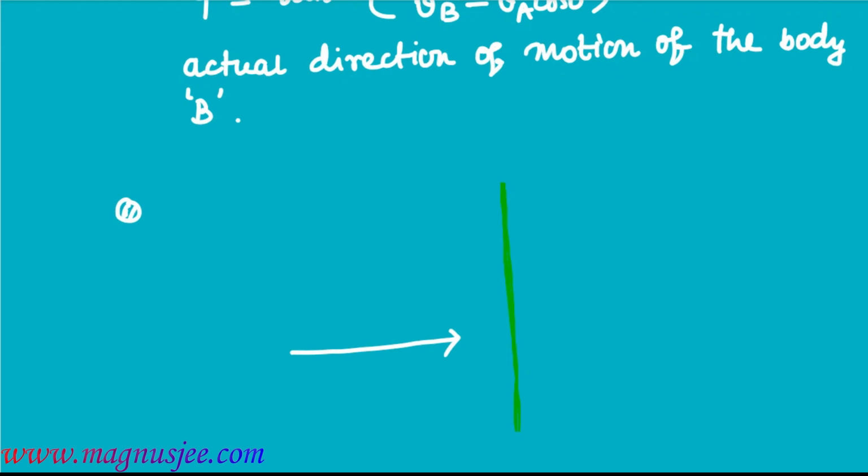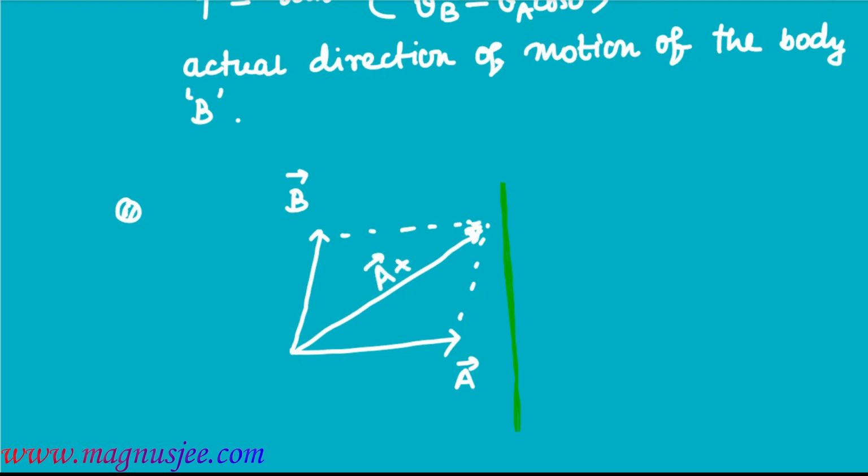Now we can compare this with the addition of two vectors and the subtraction of two velocities. If vector A and vector B are added, then their resultant, that is vector A plus B, will be acting along this diagonal of the parallelogram according to the parallelogram law of vector addition.